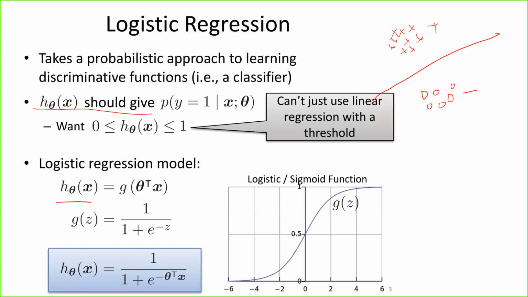That means there should be some way to map this line representation or hyperplane representation to the probability terms. Okay, so what is the line or hyperplane representation? It is theta naught plus theta 1 x1 plus theta 2 x2 and so on, theta d xd, where d is the number of dimensions or features, right? So in the vectorized notation, I can write it as theta transpose x.